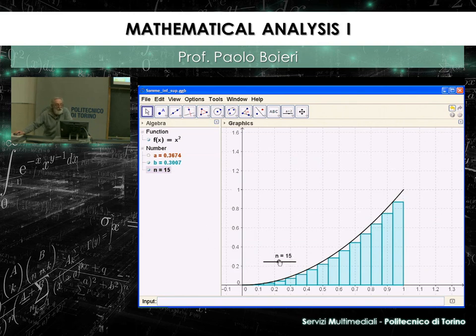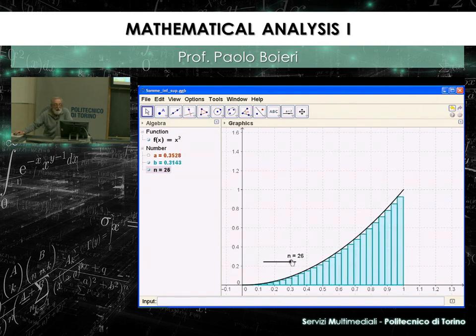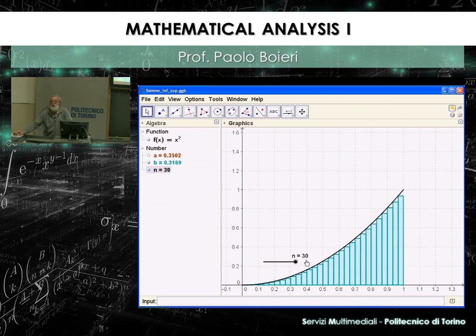And the idea now is this. I increase the number of subdivisions, and when this number increases and increases, okay, the blue region becomes closer and closer to the trapezoid that I want. Okay, and then you understand here what is the starting idea.